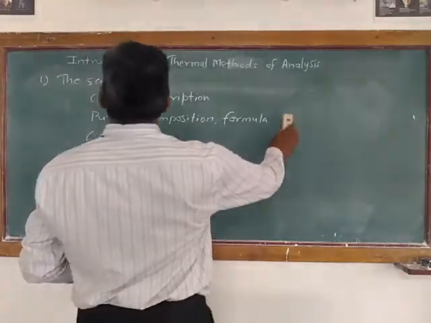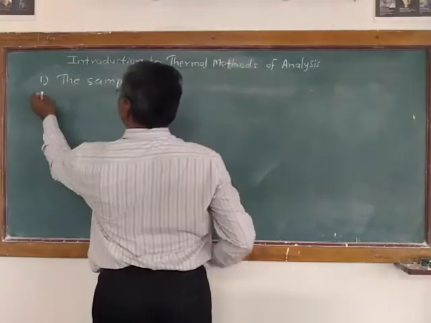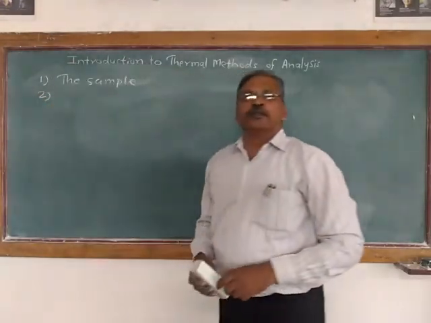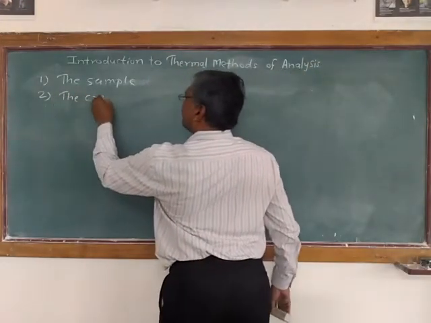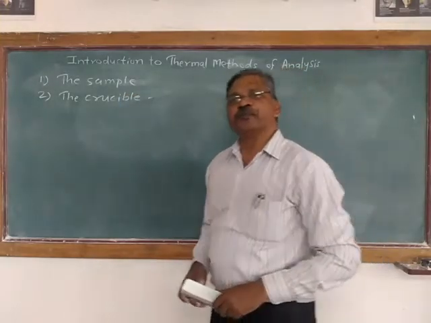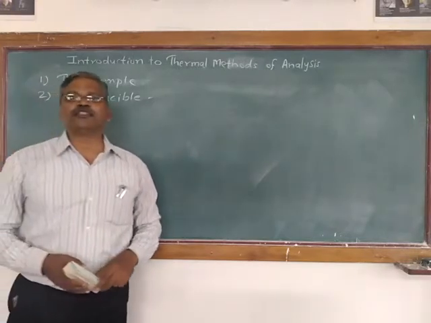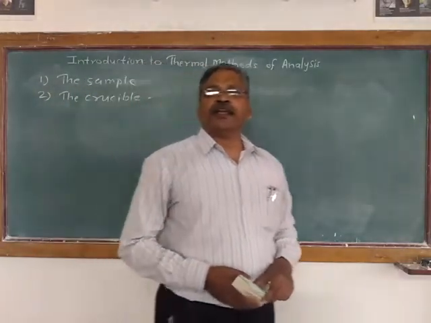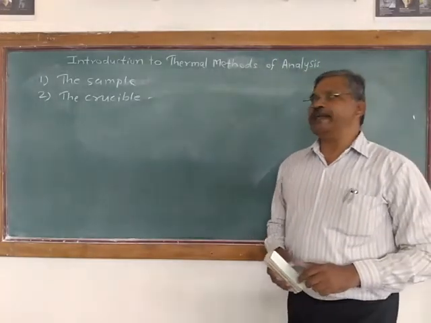The second factor is the crucible. The crucible is the sample holder in which we keep the sample whose thermal analysis is to be done. The material of the sample holder or crucible should be stated.